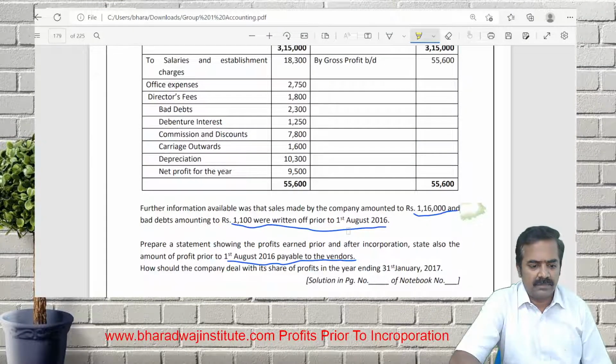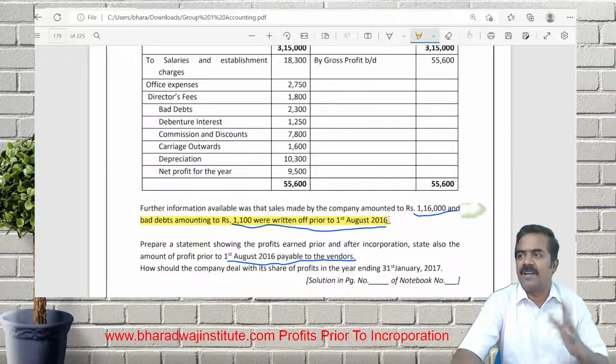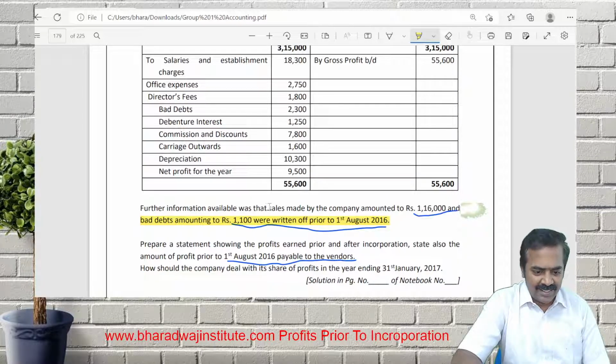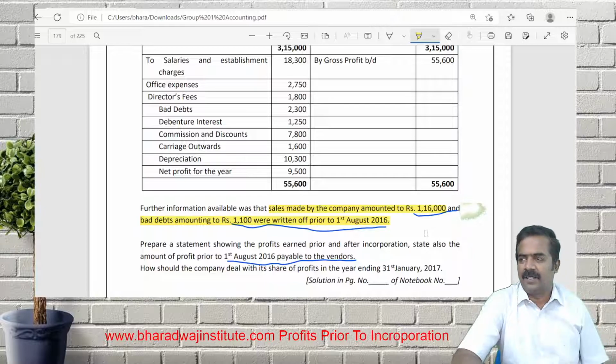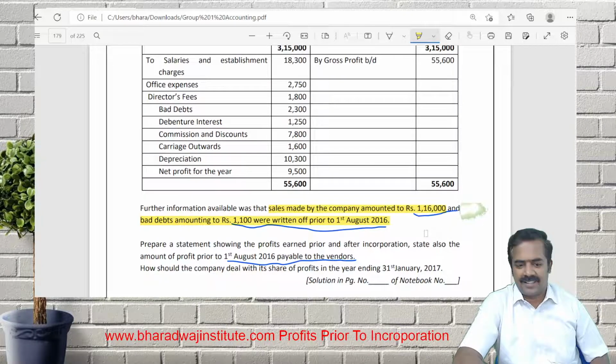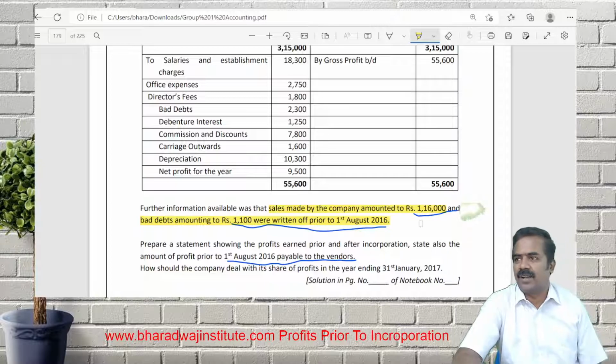And the bad debts were written off prior to 1st August. Sales is also prior, sir, and it is the 'and' used. Both will come. Two separate sentences have just been merged. The bad debts amounting to 1,100 were written off prior to 1st August 2016. Sales made by the company is 1,16,000, which means post-incorporation sales.